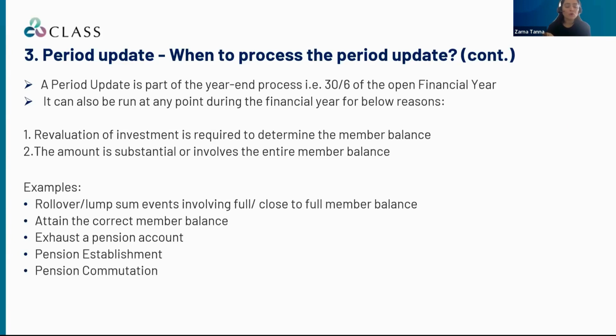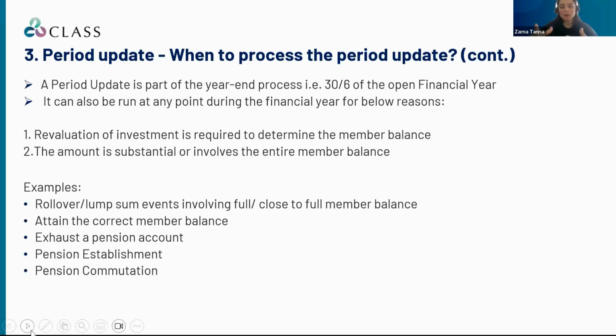And also, if you want to know the exact amount that is substantial or involving an entire member balance for processing a business event, for situations like if you want to roll over a full balance for a member or close to a full member balance, if you want to attain a correct member balance of a certain period, or if you want to exhaust a pension account, if you want to establish a pension or a commutation, in these scenarios, it's recommended to run a period update 1 day prior to these events.